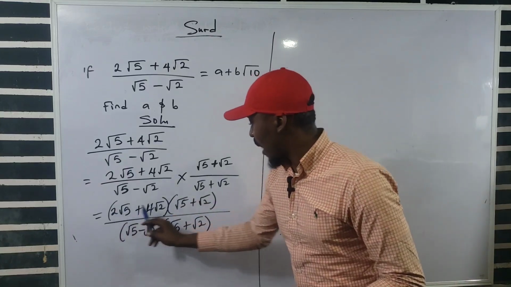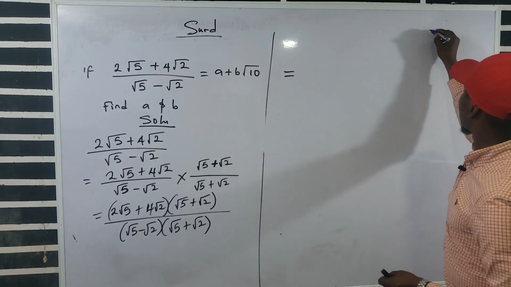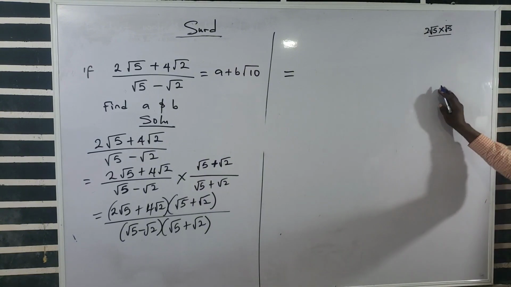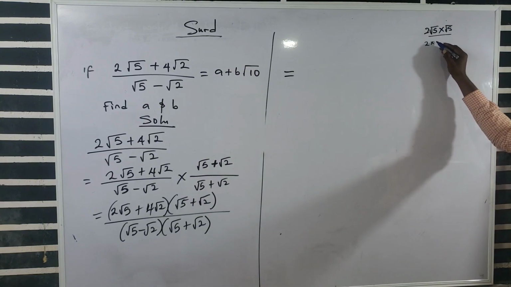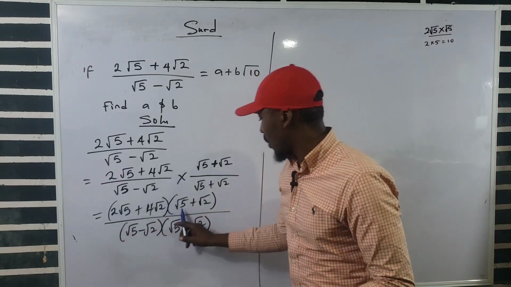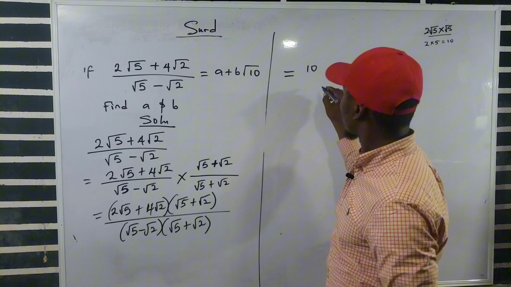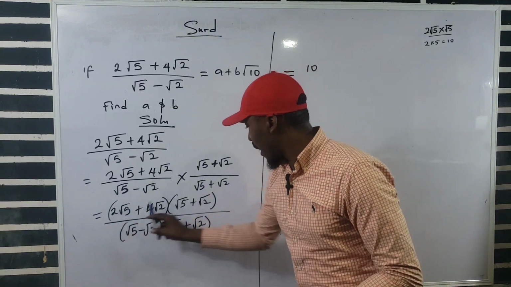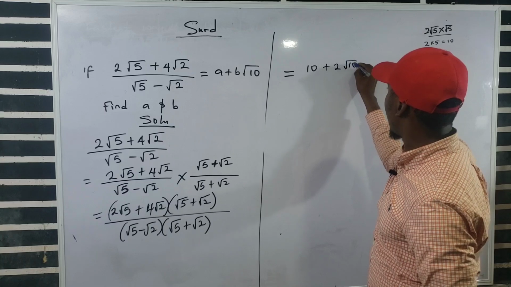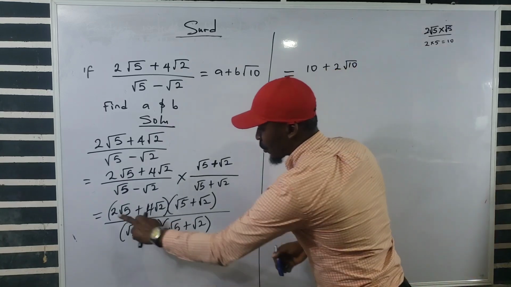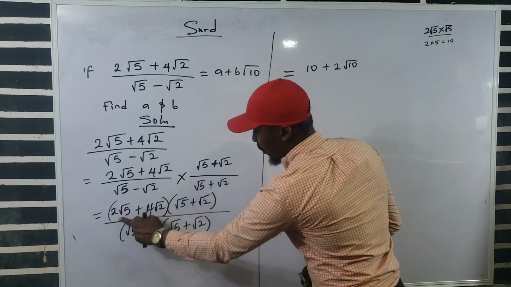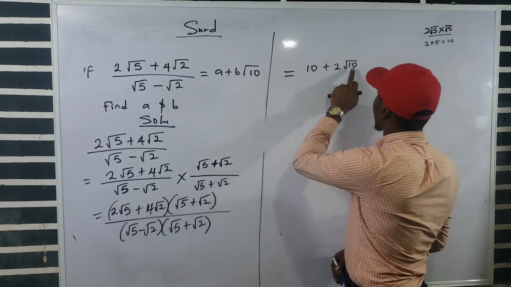Now 2 root 5 times root 5, these two will multiply, so you have 2 times 5, which will give you 10. Then 2 root 5 times root 2 will give us plus 2 root 10. Why? 2 is there, so there is no number that can multiply by 2, then root 5 times root 2 will give you root 10.